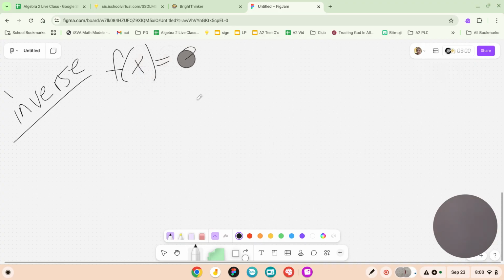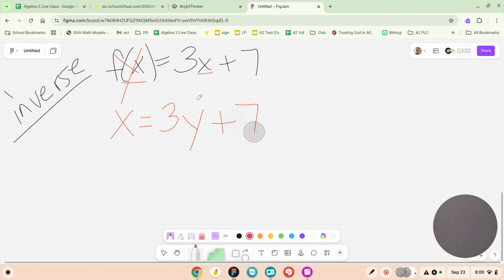So I'm going to say 3x plus 7. So if this is my equation, which you have different equations in your test, but this is similar, all you do is you change your x and y. Since f of x is always y, I'm going to say x equals 3y plus 7. Do you see that all I did was I just changed my x and y? And now I'm going to solve for y. That is all I do for inverses.